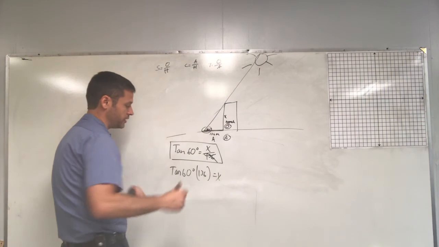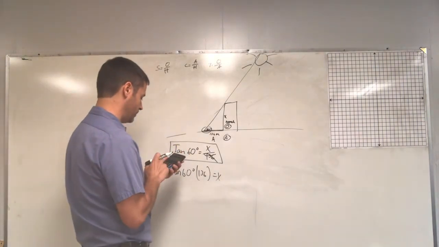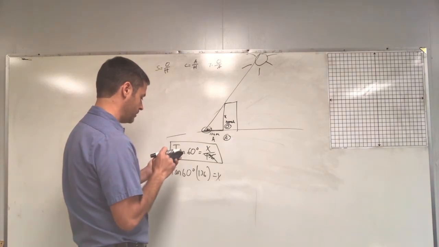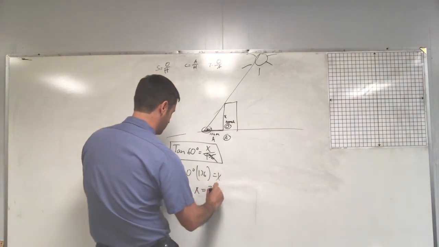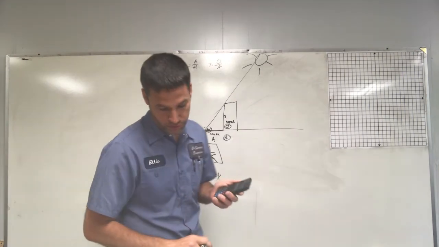In your calculator, I'm going to put 136 times tangent of 60 degrees equals, and x equals 235.59 rounded.